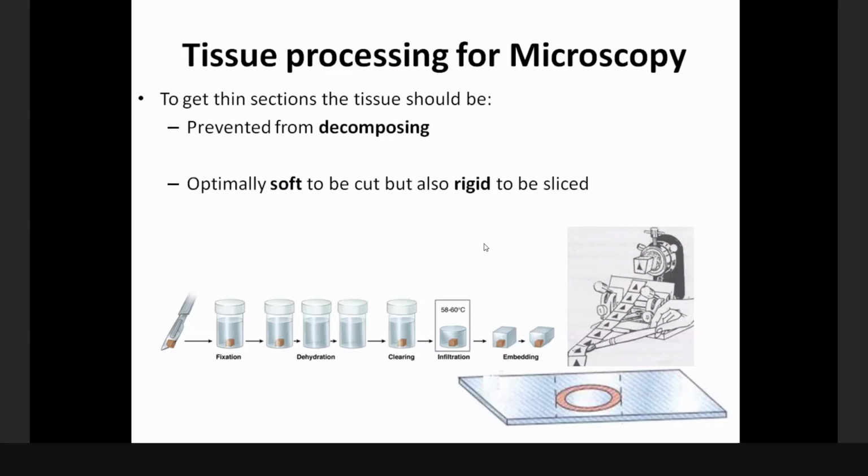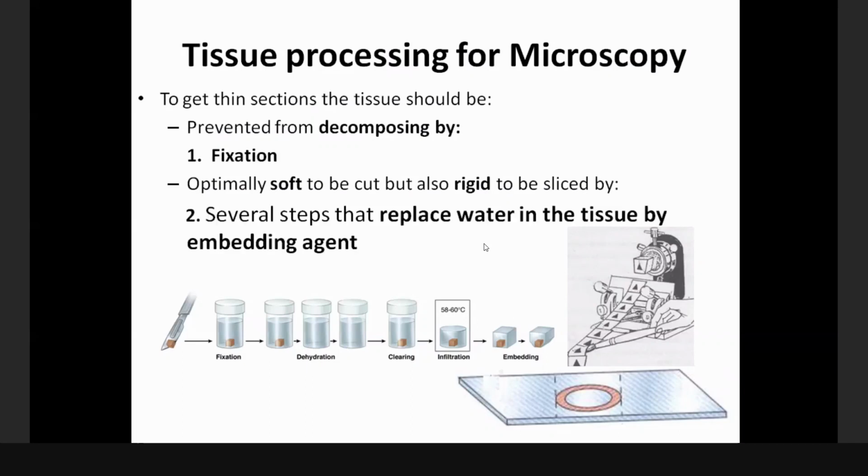This is only possible if we make our tissue optimally soft to be cut, but also rigid to be sliced. You can now compare or be reminded why our day-to-day meat or food is decaying, as well as why we are not able to slice, for example, from meat, a very thin section.